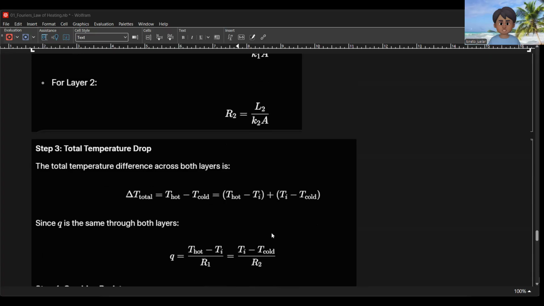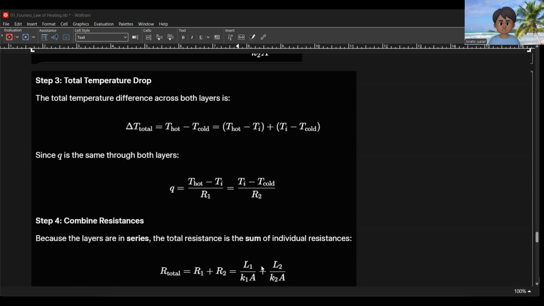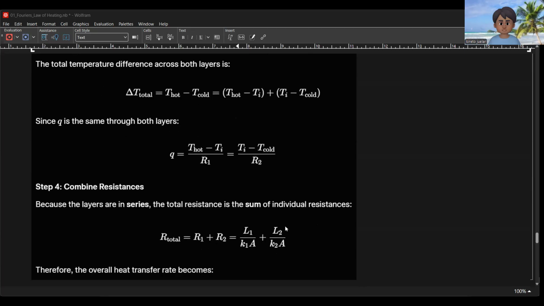Since Q is the same through each layer, we have the hot temperature minus the interface temperature over R sub 1 equal to T sub I minus T cold over R sub 2. So for the combined resistance, we are going to add the two resistances.